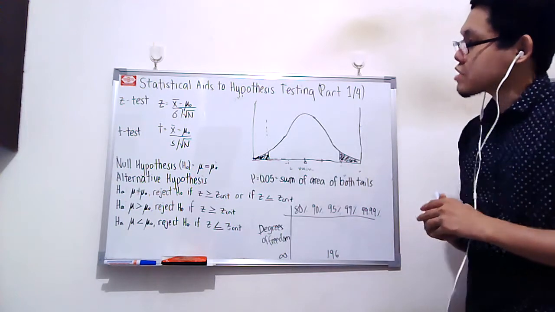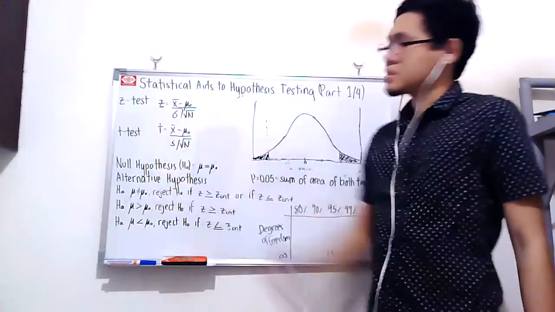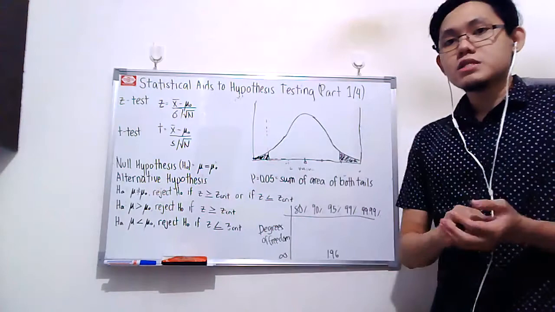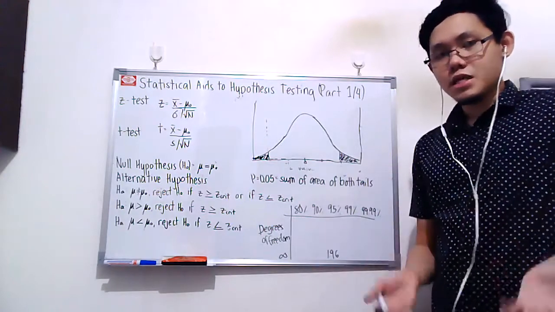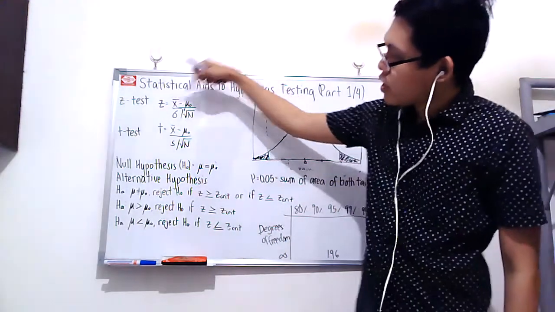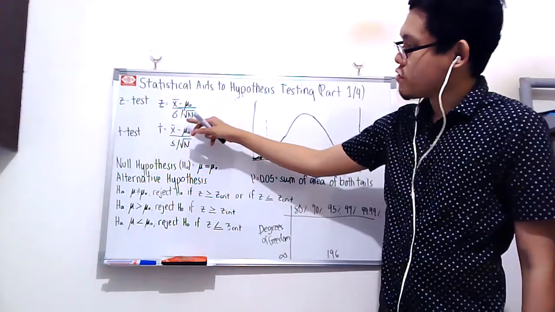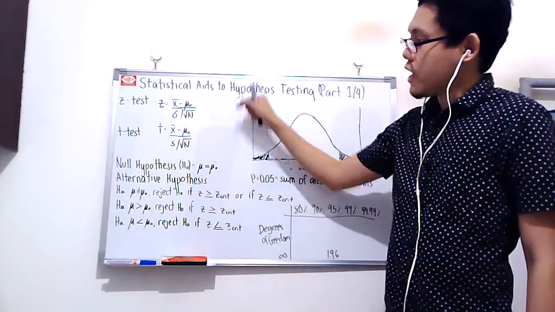So now we will start with defining the formula for the Z and the T test. These two formulas have almost the same structure, which is x bar minus mu naught over sigma over square root of n.